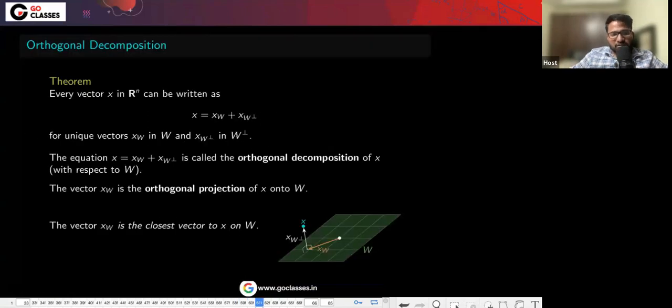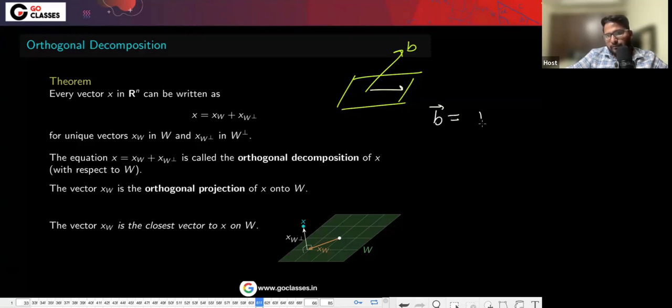Now let's see orthogonal decomposition. You might already know this, but I'm telling you again. Any vector x, you can write as a summation of two vectors: one is the projection of x onto that space, and the other is perpendicular to that space. So if we take b, you can write b equals p plus b minus p, which is perpendicular to this space.